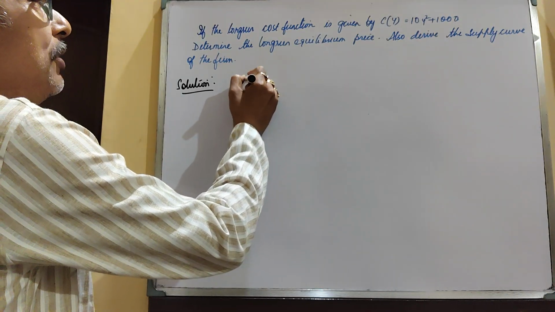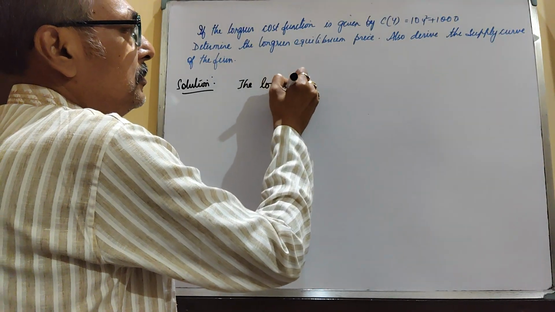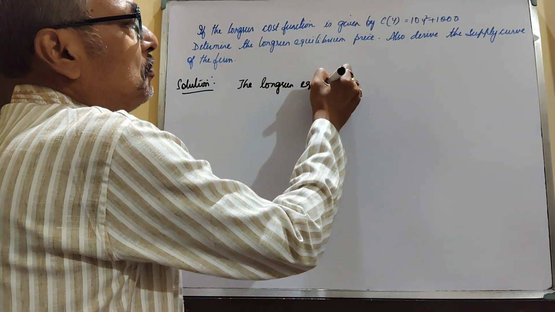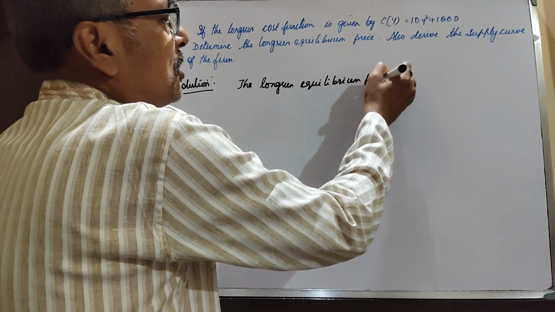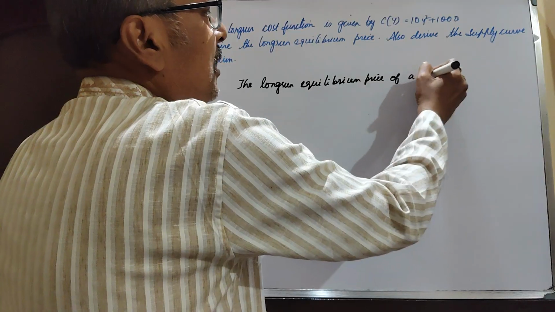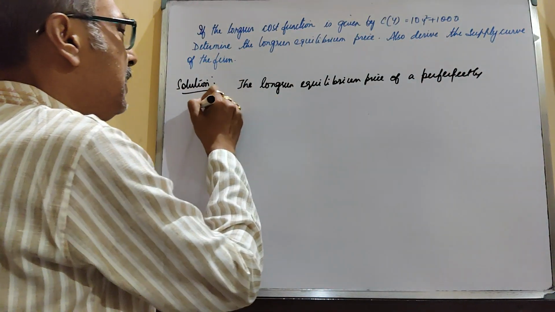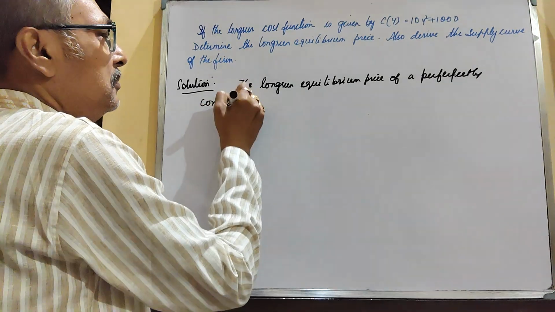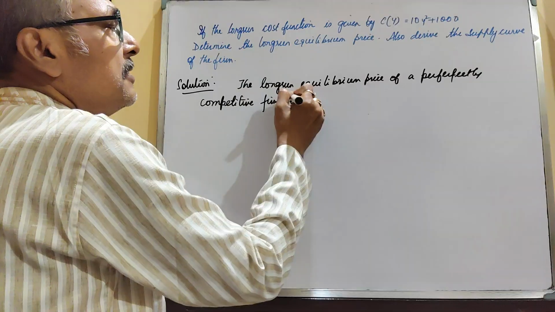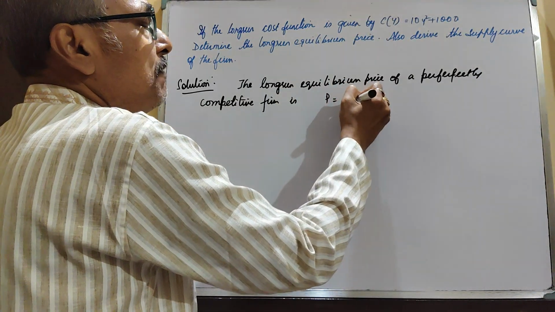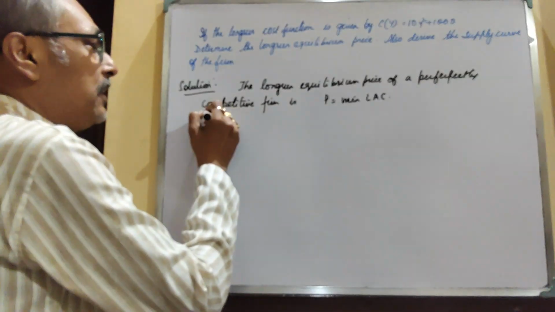The long run equilibrium price of a perfectly competitive firm is P equals minimum LAC. LAC is the long run average cost.